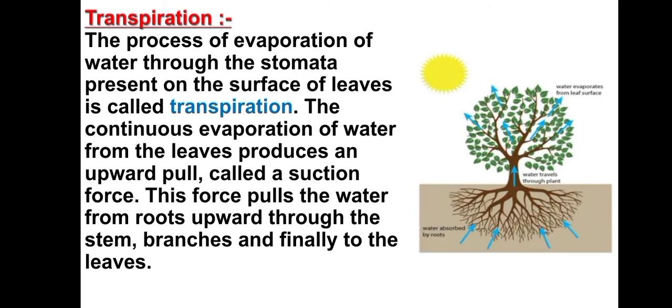The process of evaporation of water through the stomata present on the surface of leaves is known as transpiration. The continuous evaporation of water from the leaves produces an upward pull known as suction force. This force pulls the water from roots upwards through the stem, branches, and finally to the leaves.